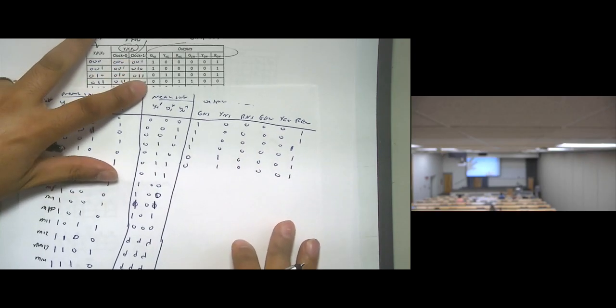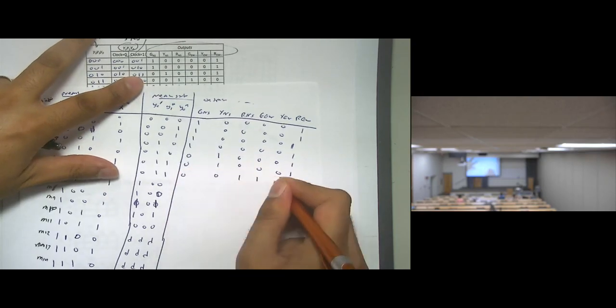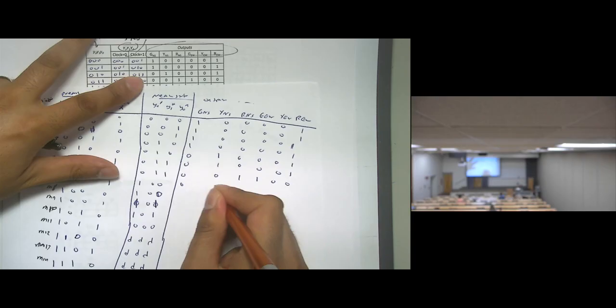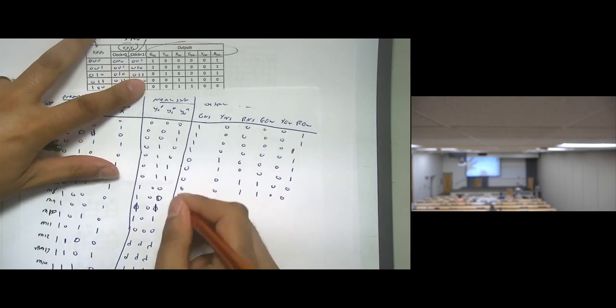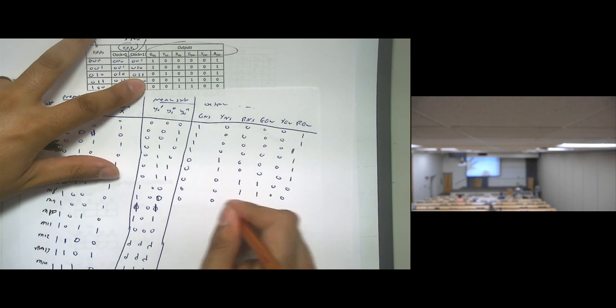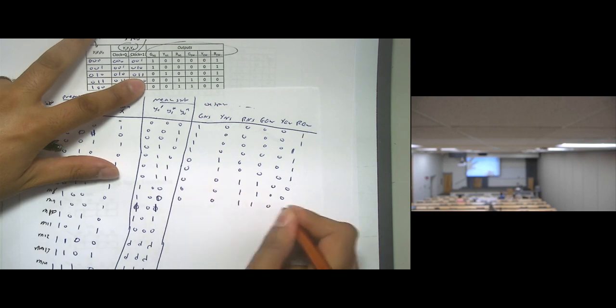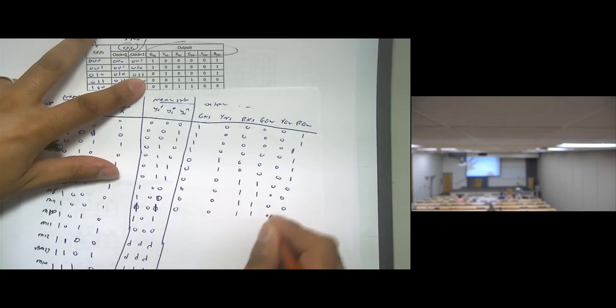Then 0 0 1 1 0 0, 0 0 1 1 0 0. Then here will be 0 0 1 1 0 0, 0 0 1 1 0 0.